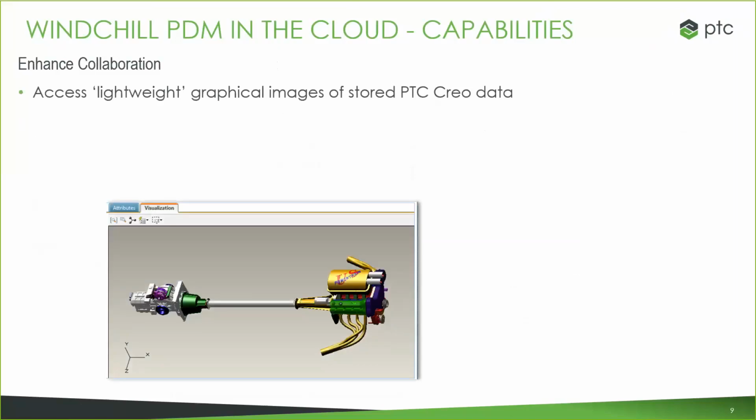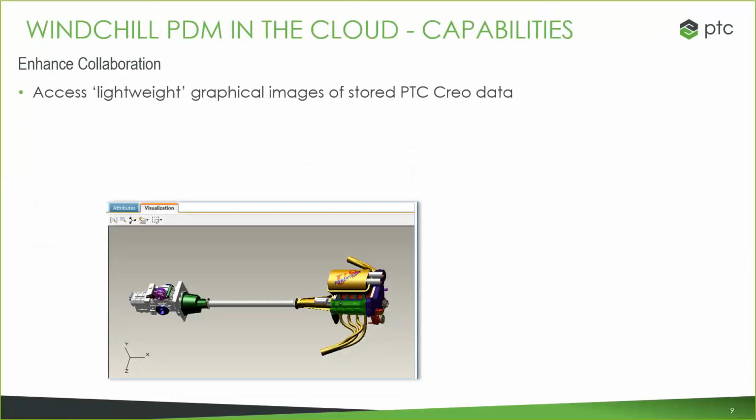Okay, so here we have the lightweight graphical images. Upon check-in of the data, you have the ability to go in and create these graphical images, or really more so 3D graphics that you can interact with, you can interrogate, you can annotate, etc. And so it's really just a lightweight representation of the actual CAD file.